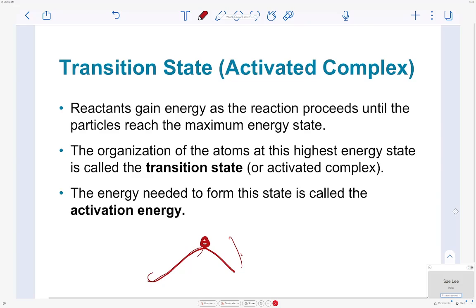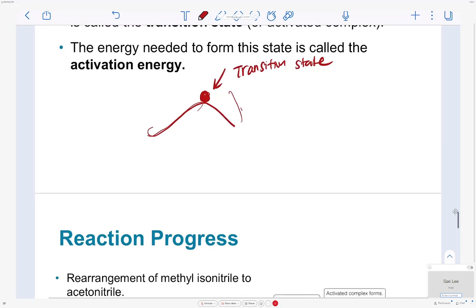And when the molecule is at its highest energy state, this is called the transition state. We can say the molecule is at transition state. Let's take a look at some specific examples on the next slide.